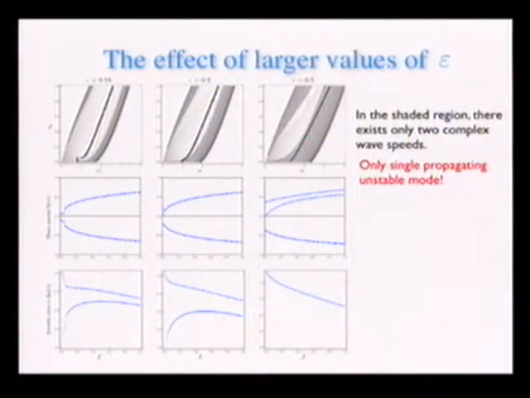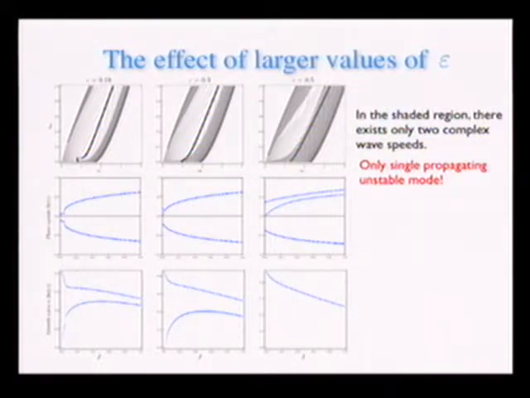And no, not really. So, for example, for 0.18, you see that the gap that existed in the Holmboe case between this Kelvin-Helmholtz mode and the Holmboe mode, there was a huge gap, right? Now it's closing, and eventually, around 0.2, it becomes a continuous curve, okay?